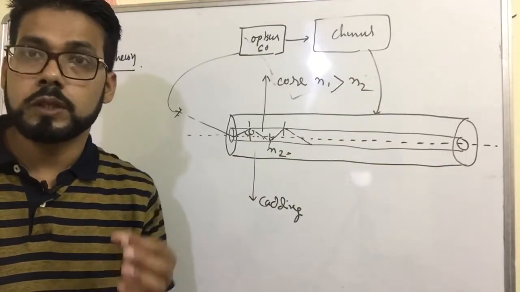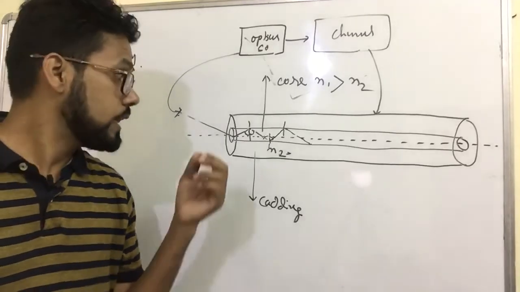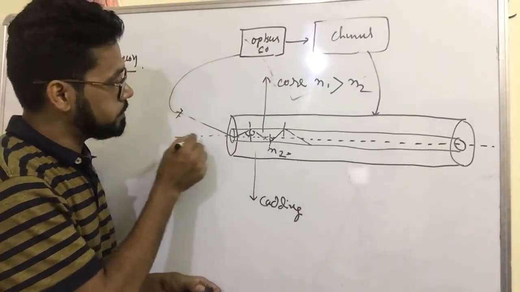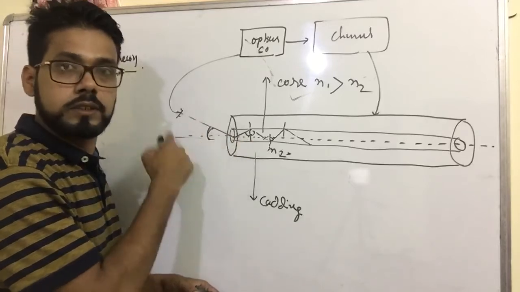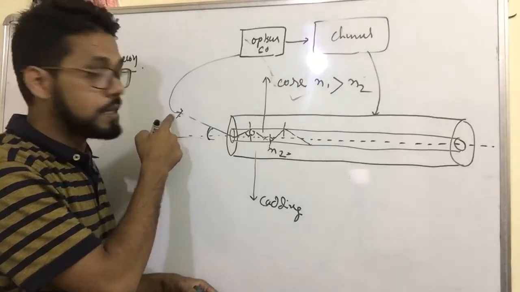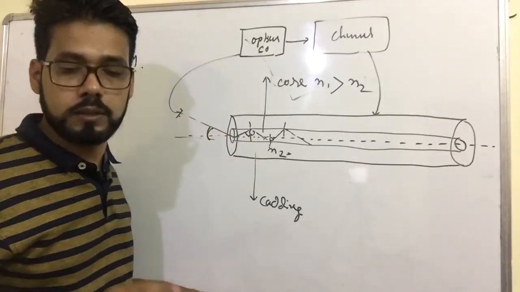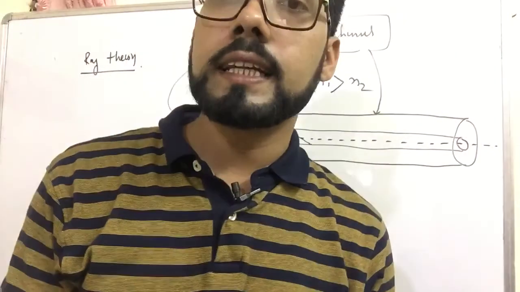That is why we put an optocoupler. We have to measure the specific angle at which the optical source must follow the cable. This is known as the acceptance angle. I will discuss it here. This is the internal mechanism.